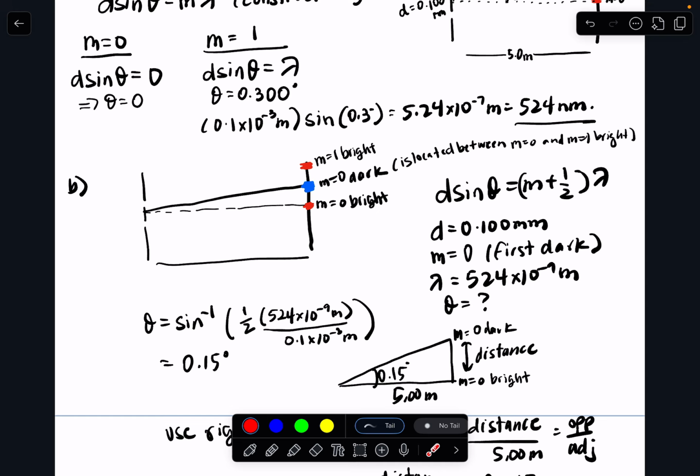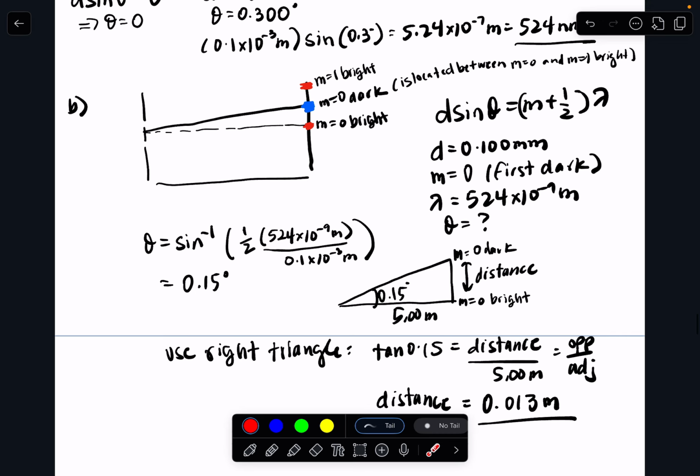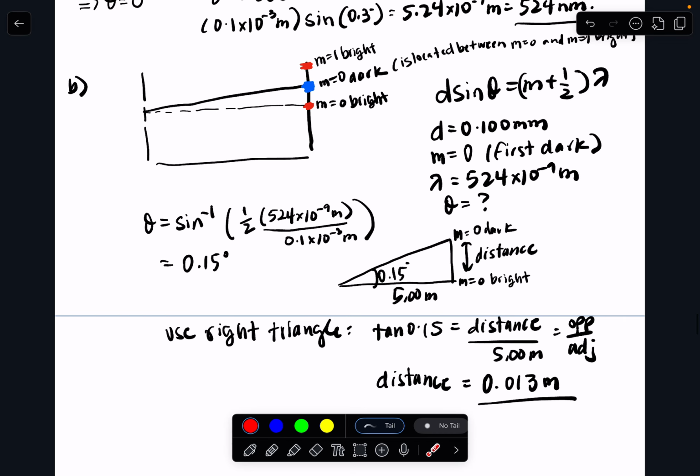What we just found was the angle. We know the base of the triangle, 5, so we have everything we need to find this side of the triangle. And I think the best way to do it is to use tangent, right? Tangent is opposite over adjacent equals tan theta. So tangent of 0.15 degrees.